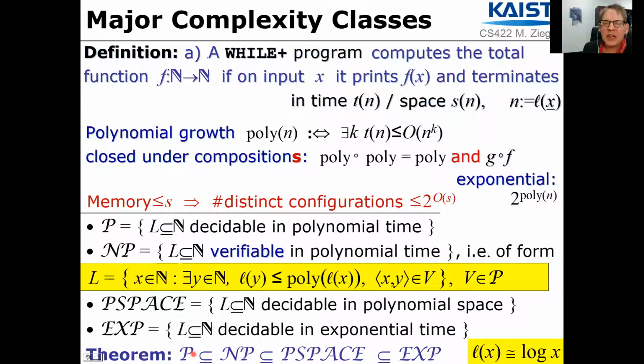To this end, observe that we don't really need any such witness y, so we can bring the polynomial time decidable problem into this form by considering a dummy verifier, a verifier that when presented with an encoded pair x comma y simply ignores the second argument.